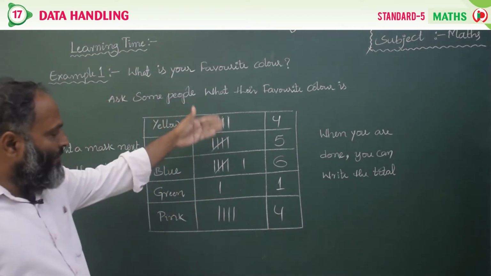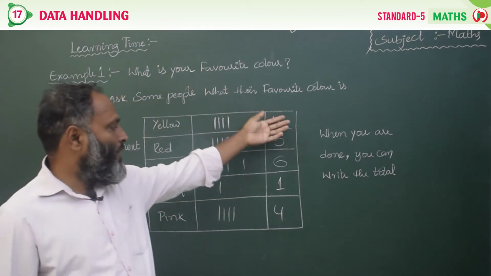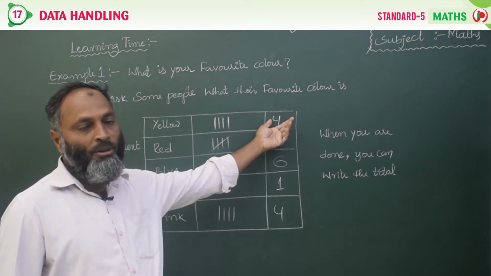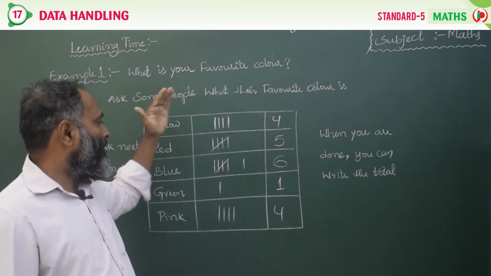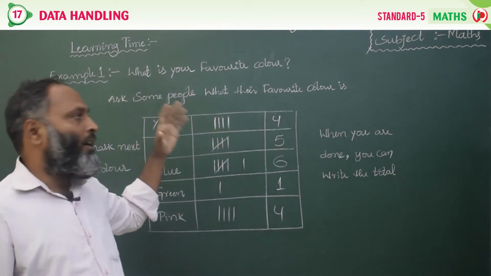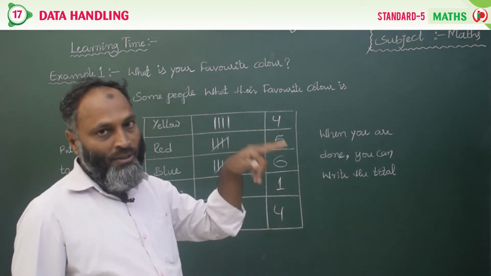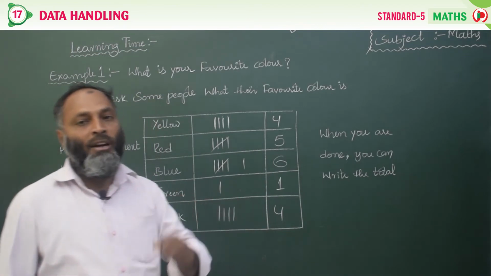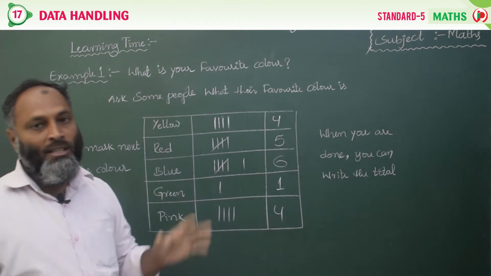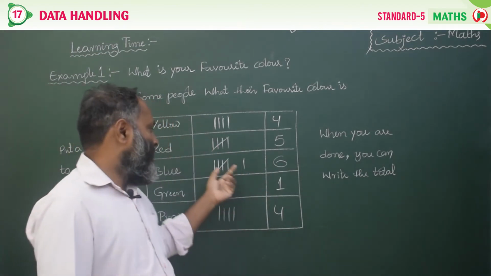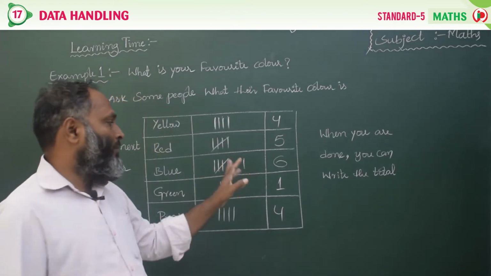Okay, in this way we can say, and the total we should write in the next box. So how to take vertical lines and make a group: we take 4 vertical lines, and the fifth one we take as a slanting line, making a group of 5 lines. That is equal to 5. So this one group is 5, and one more means 6.